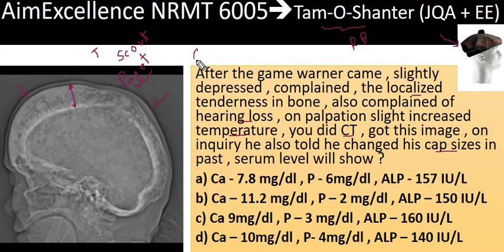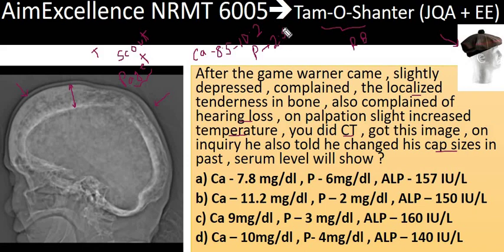The normal value of calcium is 8.5 to 10.2 milligram per deciliter. For phosphorus, phosphate is delineated by the serum phosphorus level, which is 2.5 to 4.5 and varies with the age of the patient.